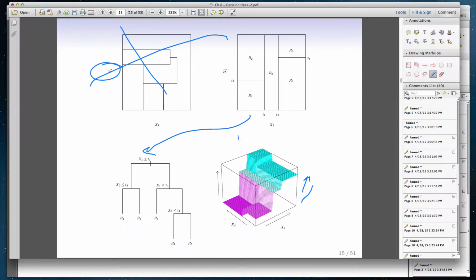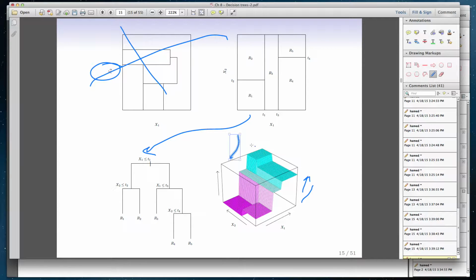If you look at this three-dimensional shape from above, from here, imagine this is your eye, and you watch it from this direction, what you will see is exactly this tree and exactly this region.